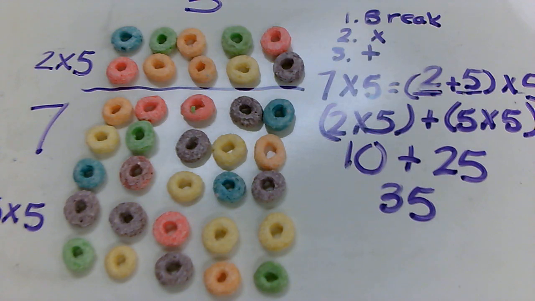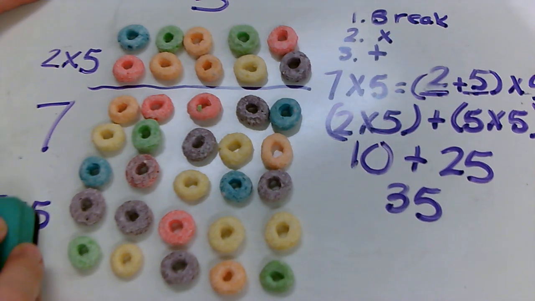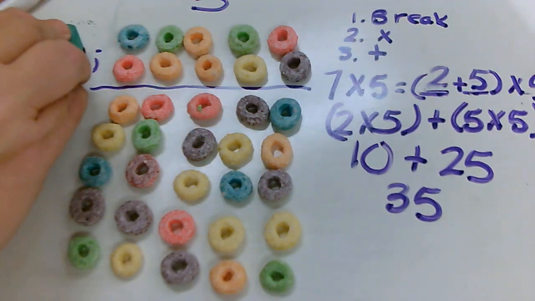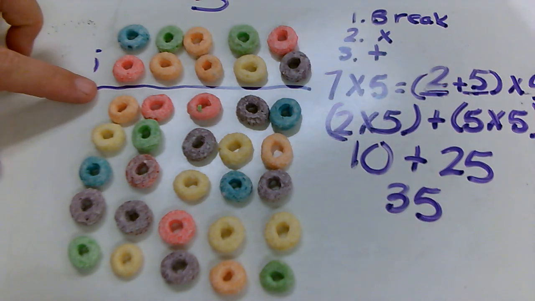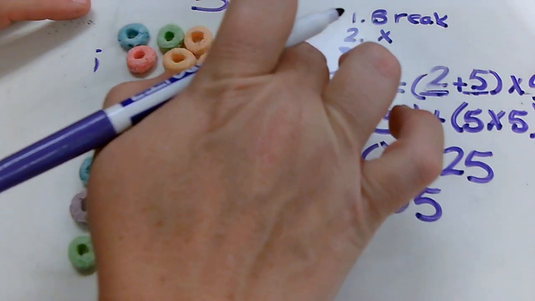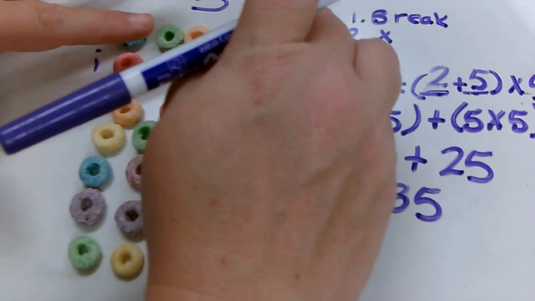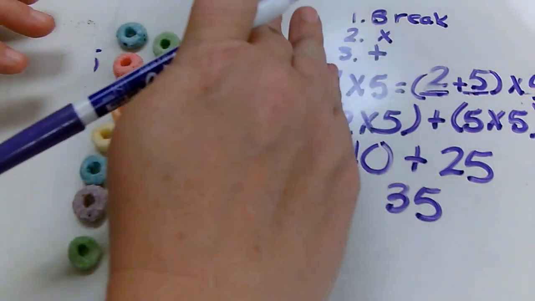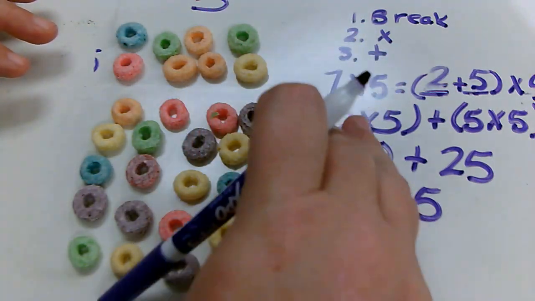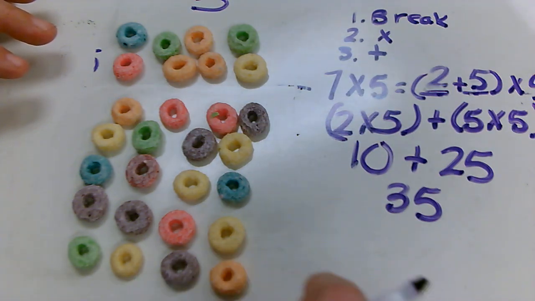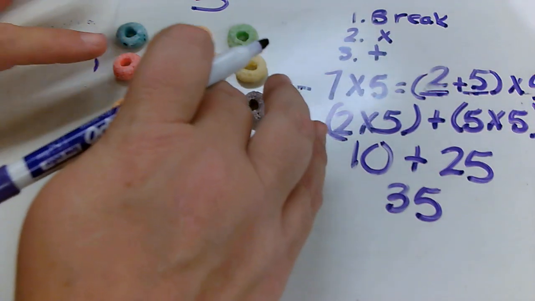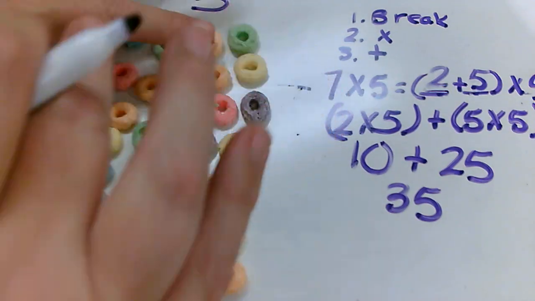So let's erase. And we're going to try it with, change our array to 6 times 4.